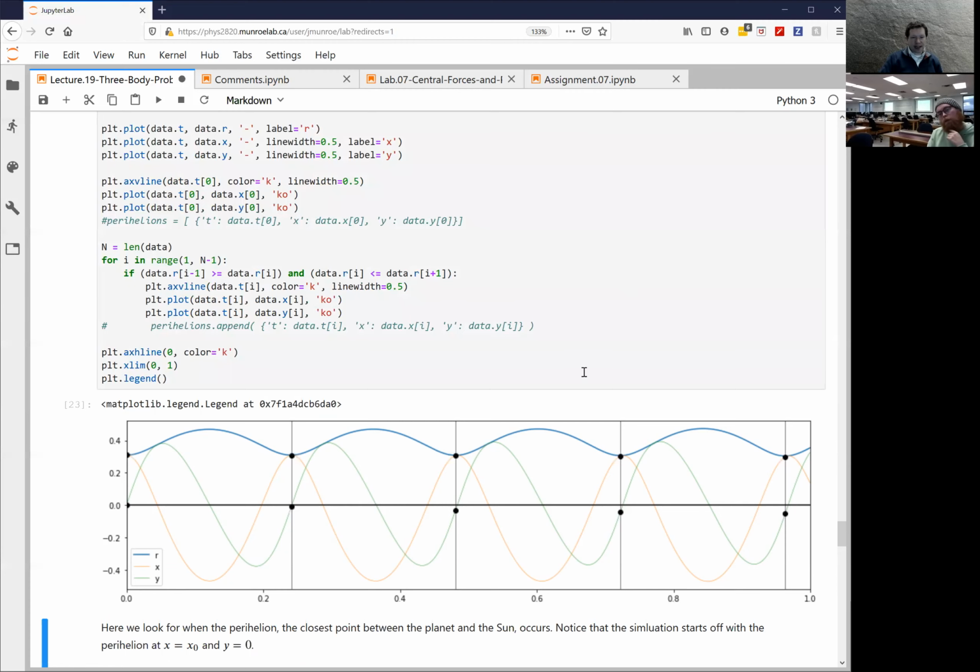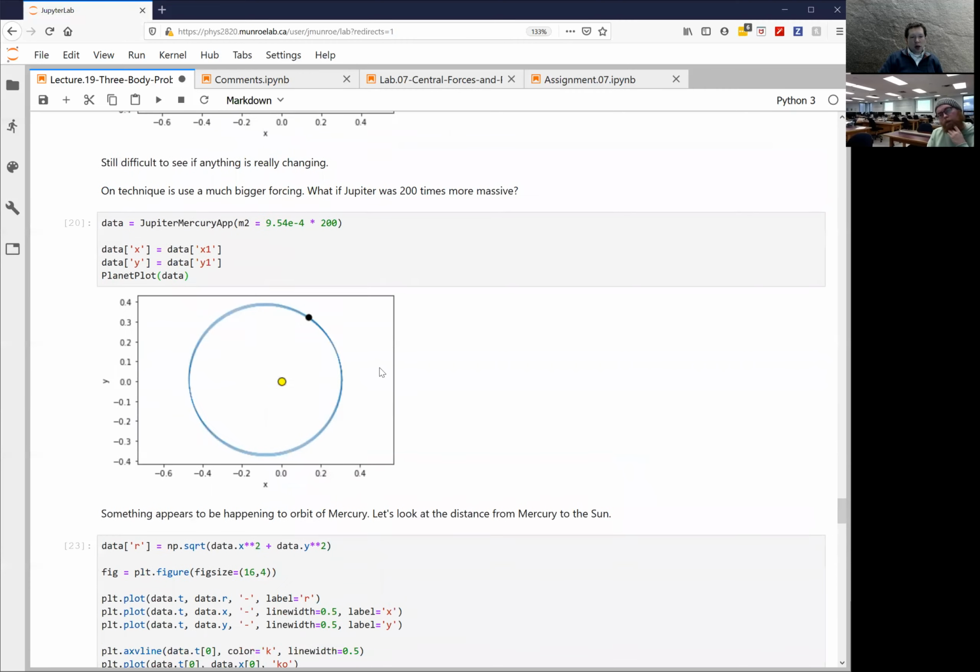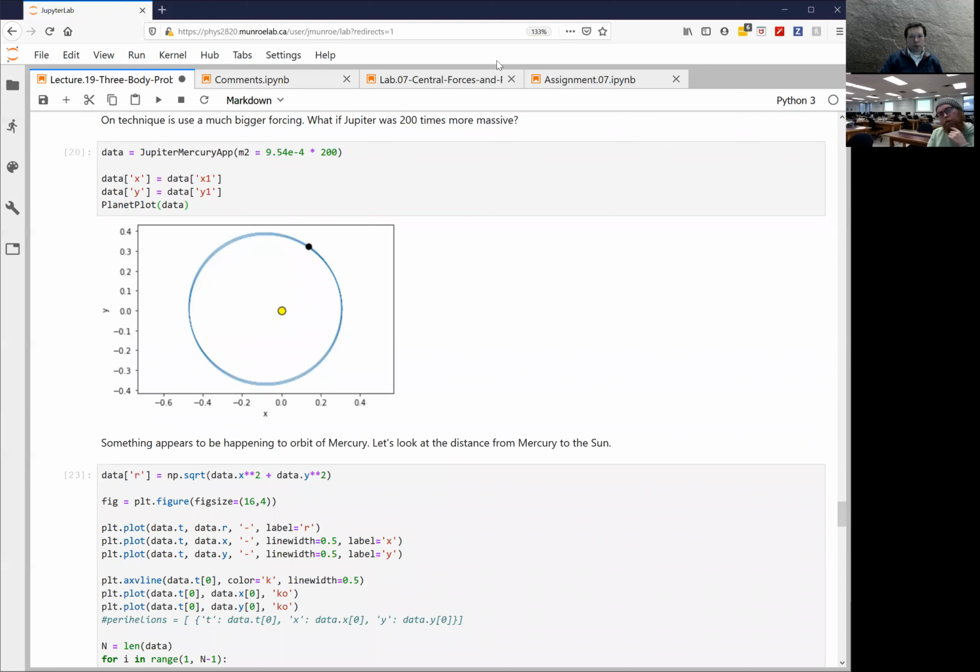So in the sense of this minimum point, it starts here, but over time, it's slowly moving around the circle. The ellipse is precessing. What that means is the location in X and Y coordinates of where the perihelion is moving around.